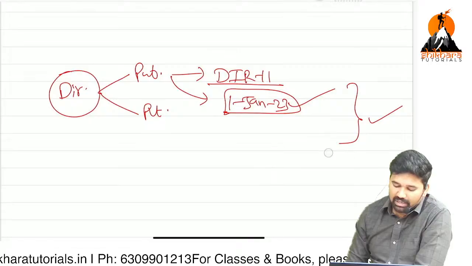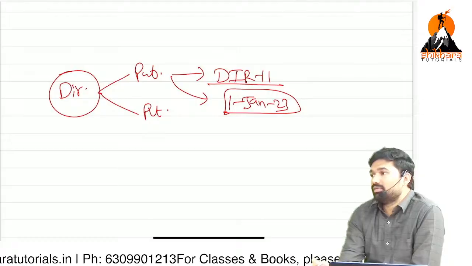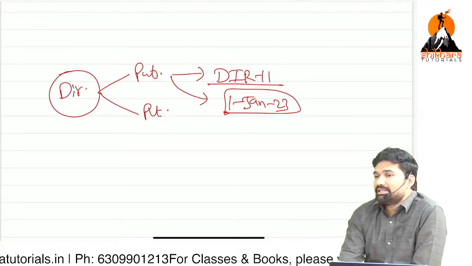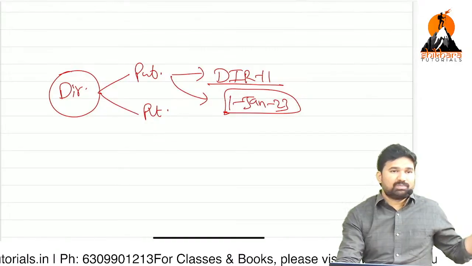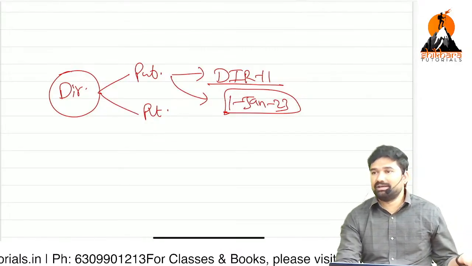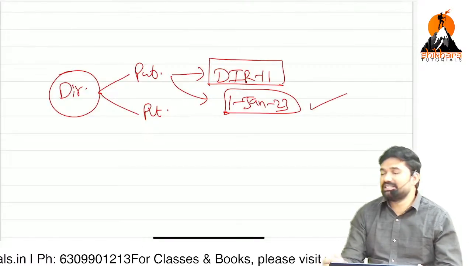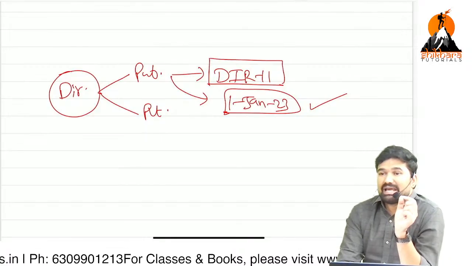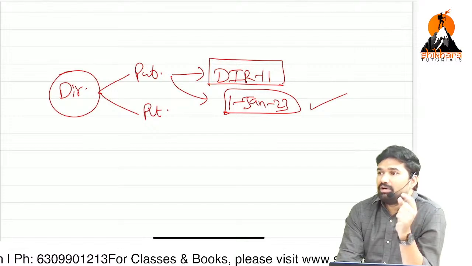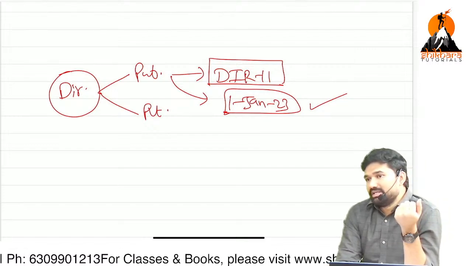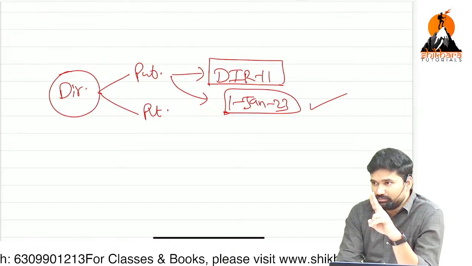Upon resignation, the retiring director, or the director who is going out of the company, will not get any sort of freedom from the decisions which they have already taken in the previous board meetings. Clear? So the first obligation is DIR 11. The second obligation is they are still responsible and accountable for the decisions they have already taken in the previous board meetings. They won't get any sort of freedom. Are we clear with these two points?